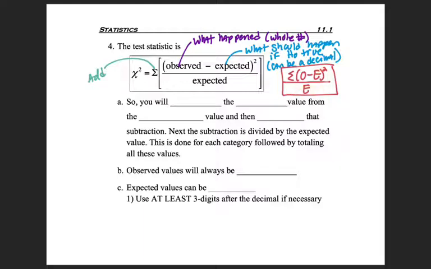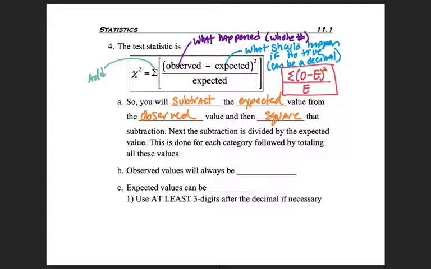But you'll see that isn't the case on every problem. So what you'll do is subtract the expected value from the observed and then square that subtraction. I'm just putting it again into words so the key pieces are understood. And then the subtraction is divided by the expected value, unless in a case where every expected value is different for each of the categories. And of course, in the end, then we're going to add everything up.